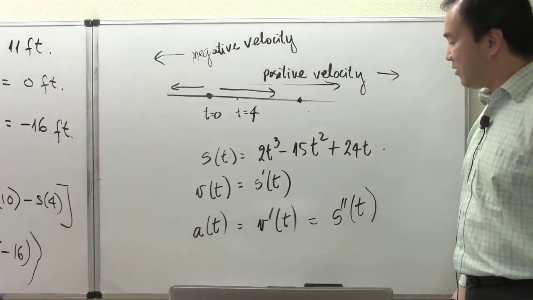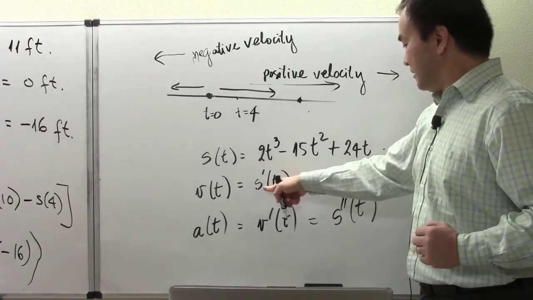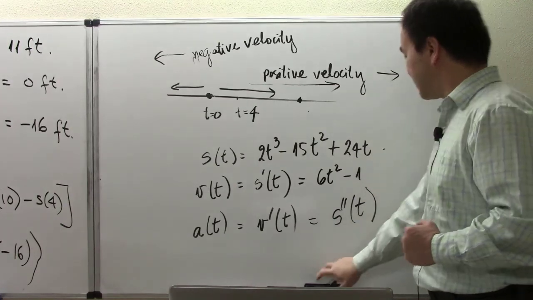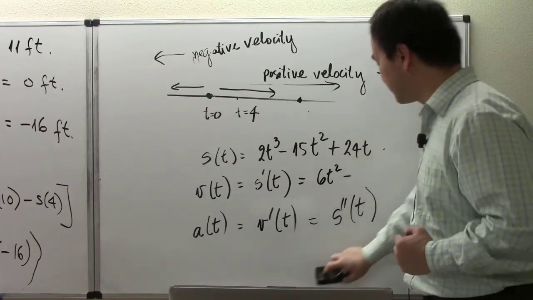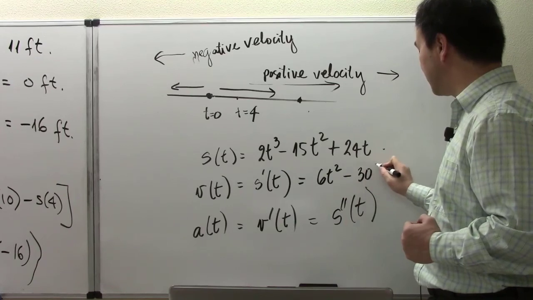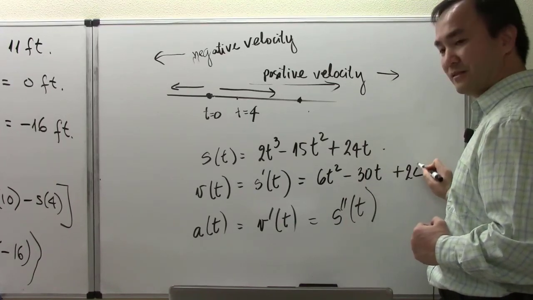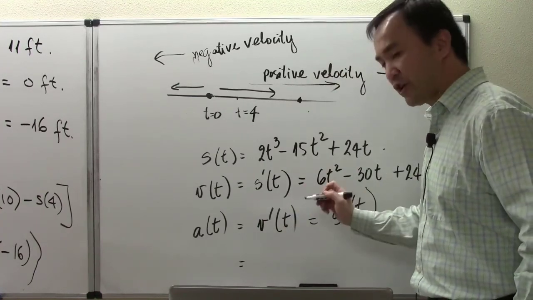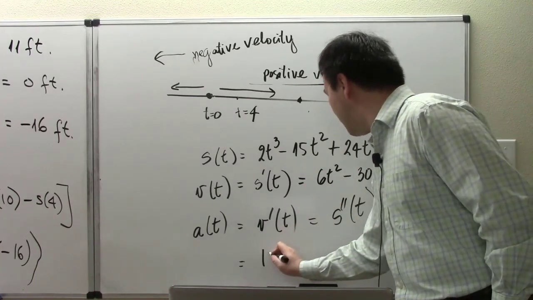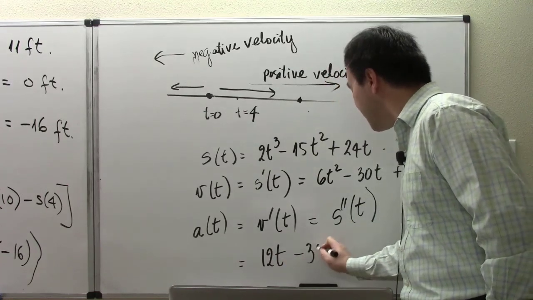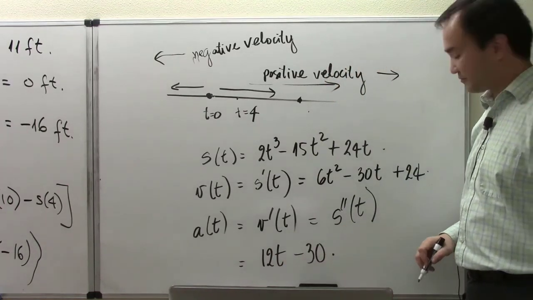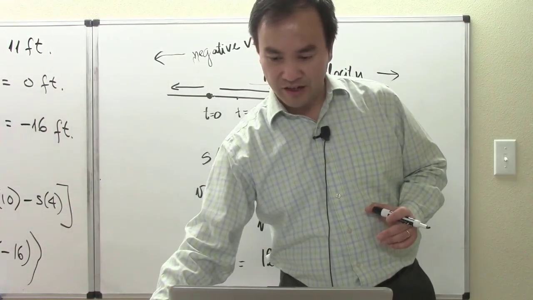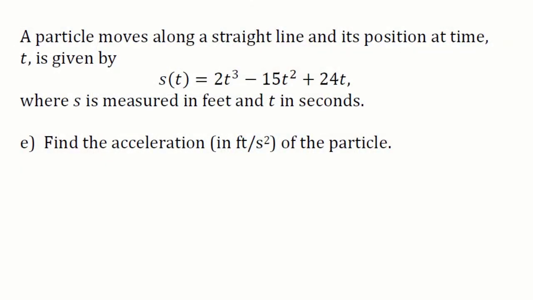All right, so we have already found our velocity function being 6t squared minus 30t plus 24. Then our second derivative, our acceleration, is going to be, as a general acceleration function, 12t minus 30. And that is all the question is asking for.